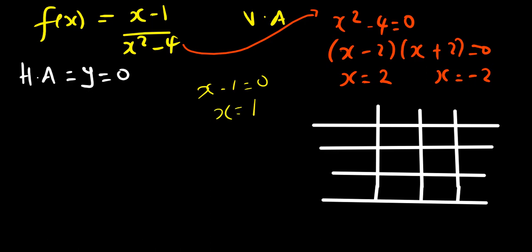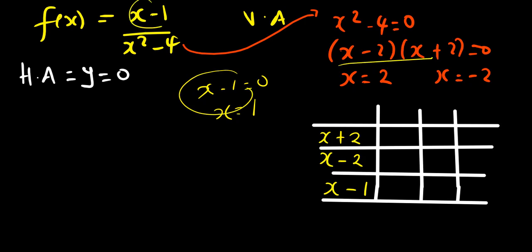So the equations that we have: the one that we just found, x minus 1, then we have x minus 2, we also have x plus 2. Now these ones we are multiplying and they are dividing with this one that is on top.